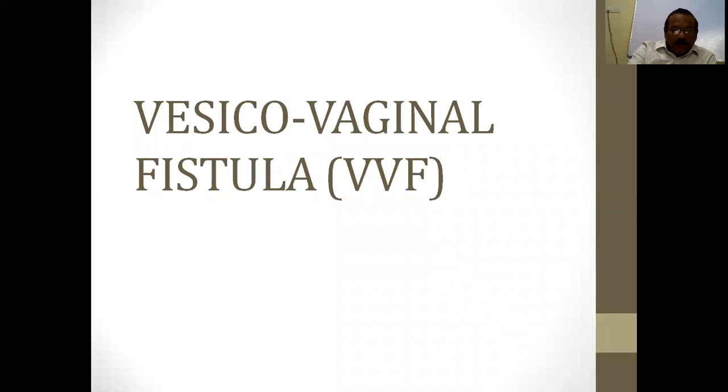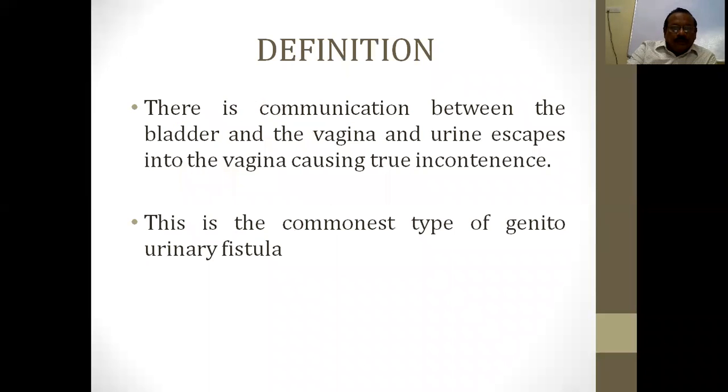Vesicovaginal fistula, or VVF. This is a communication between the bladder and the vagina, and the urine escapes into the vagina, causing true incontinence. The VVF causes true incontinence, whereas other urinary incontinences are called false incontinence.